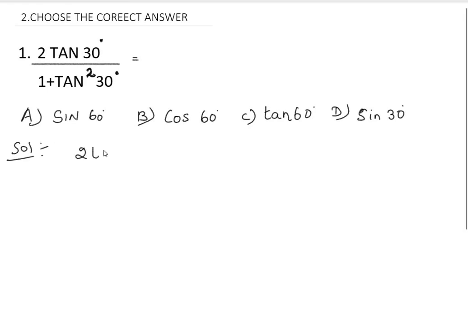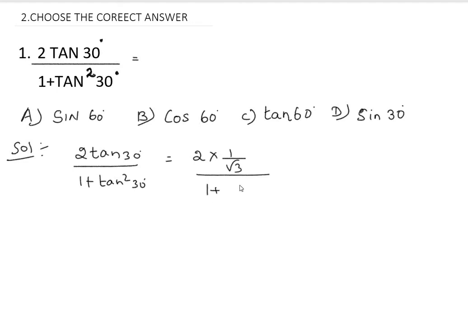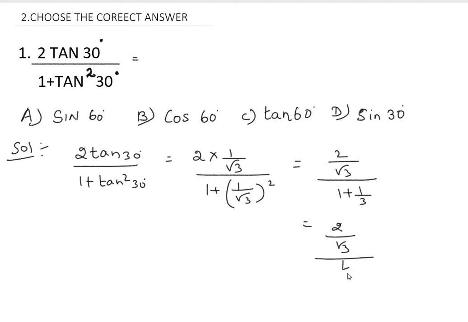Given 2 tan 30 degree by 1 plus tan square 30 degree. 2 into tan 30 is 1 by root 3, by 1 plus 1 by root 3 the whole square. 2 by root 3 by 1 plus 1 by 3. So you can write 2 by root 3, by 3 plus 1, 4 by 3.